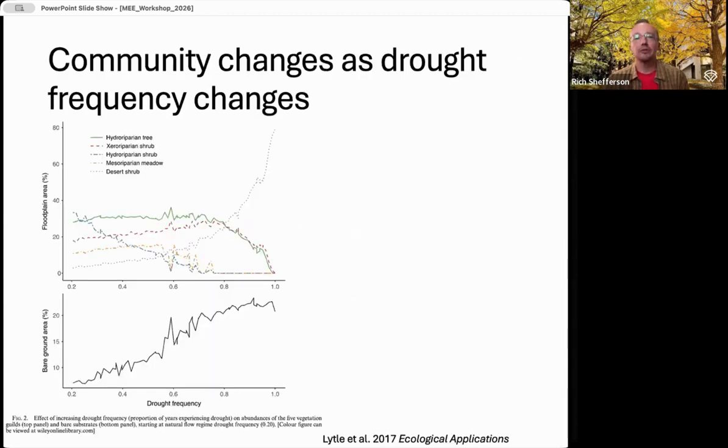What I really wanted to do is to recreate this particular figure from the 2017 paper. This is showing you what they predict will happen to these five species guilds as the drought frequency changes. Now, one caveat here is I didn't really like their approach to choosing how drought frequency changed. Basically, they have something like 83 years of matrices, and there are functions that they create to build those matrices based on some data that they provide.